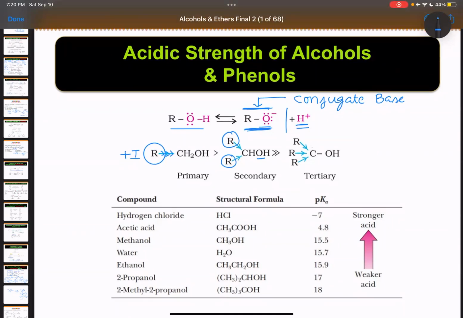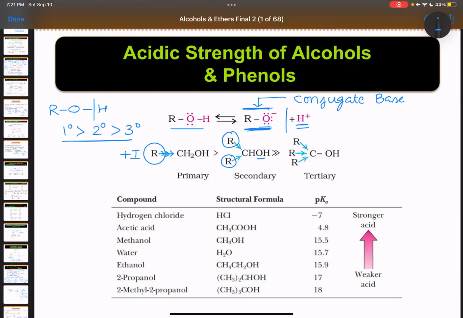So tertiary alcohols are least acidic. So the thumb rule is, if you are going to break this bond, it will be easiest for primary, then for secondary, and then for tertiary. Acidic strength decreases. Is it clear?